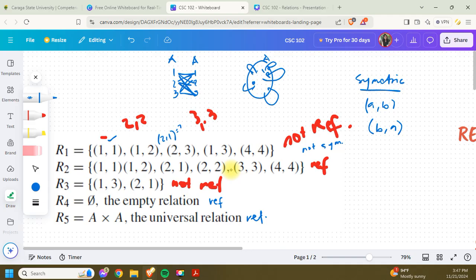These are symmetric, no? And 1,2 and 2,1 are symmetric. So this is symmetric. This one is not symmetric, obviously. This one is actually symmetric because an empty relation relates to itself. And this one is also not symmetric.